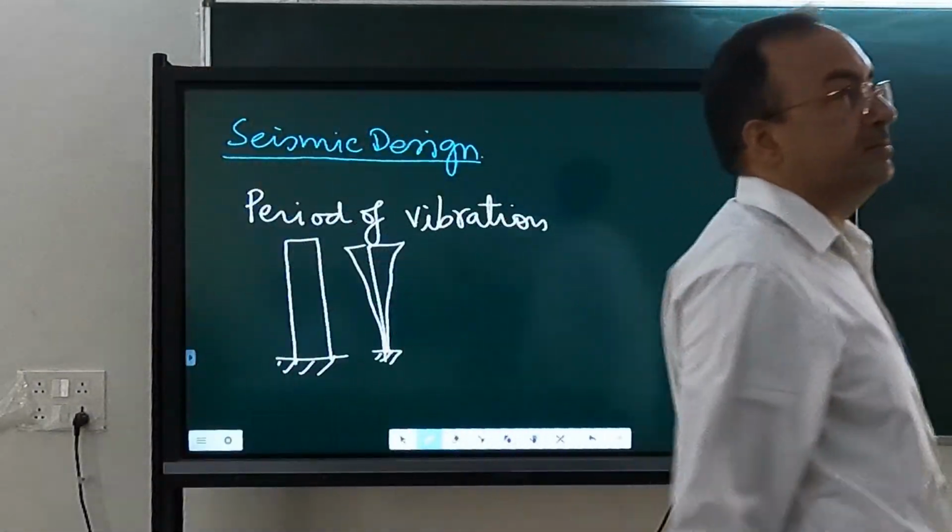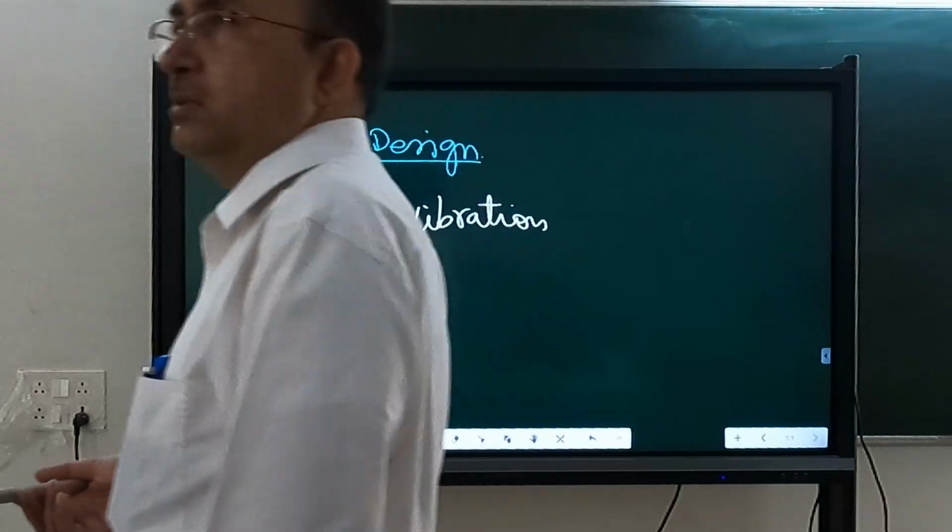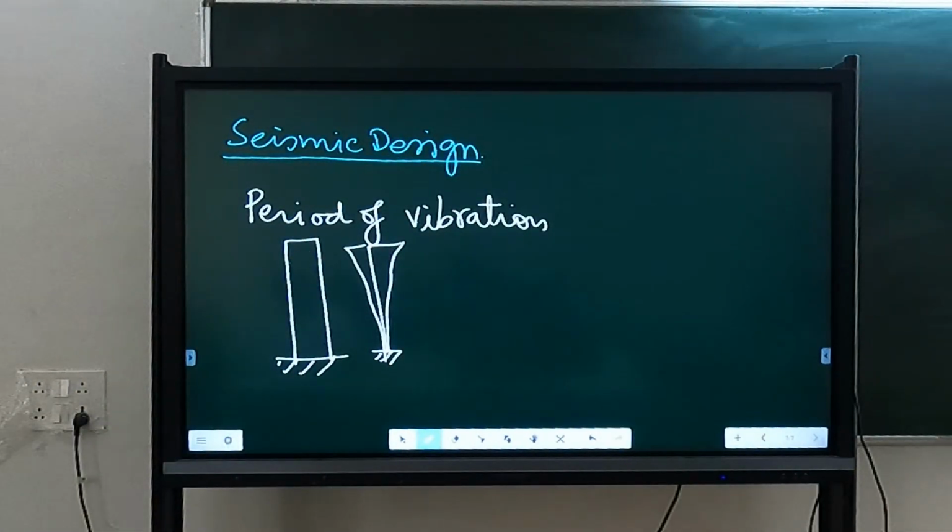Solving the continuous system. What you learned in your theory of vibration, vibrations of continuous media, continuous system, where the mass is distributed, and you have done the solution for simply supported beam and cantilever. So the equation for cantilever beam you can use.